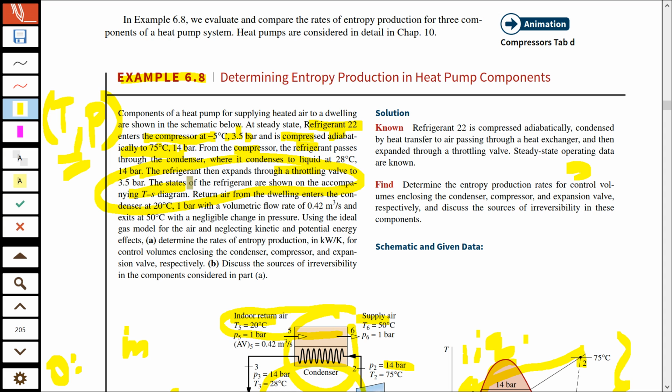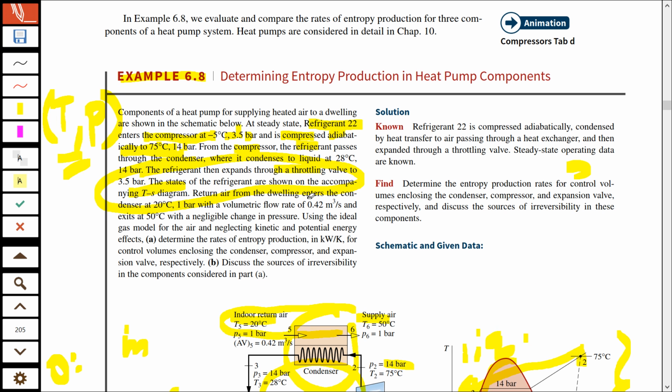Now, throttling process is not a quasi-equilibrium process, but you know from previous chapters that in a throttling process, the enthalpy doesn't change. So if you have, let's say, state 1 and state 2, and the process between state 1 and state 2 is a throttling process, you just recall that the enthalpy will not change. Now, of course, in this question, we have to find out which states.